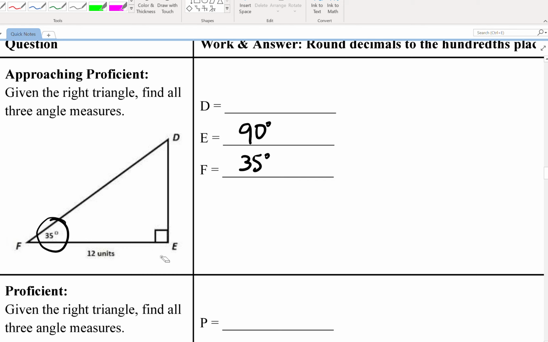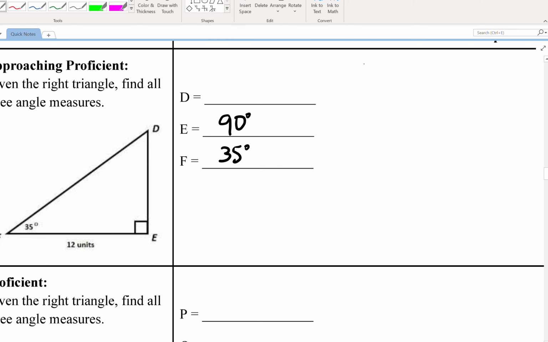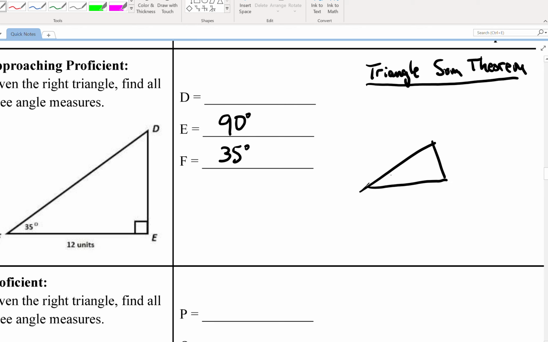And so we're going to use what's called the triangle sum theorem. The triangle sum theorem basically says if I've got a triangle, any triangle, let's say x, y, z are the angles of this thing, then I know that x degrees plus y degrees plus z degrees must be equal to 180 degrees.